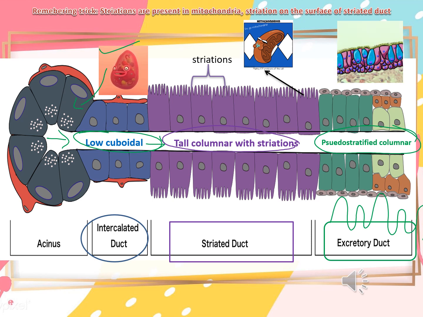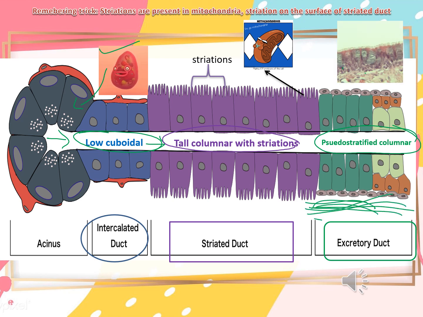The connective tissue present on the outer surface of this excretory duct has some elastic fibers in it, which help the excretory duct to stretch in order to collect the saliva and pull it out into the oral cavity. Apart from these cells, some other kinds of cells are also seen in association with the excretory duct. Those are tuft cells, lymphocytes, antigen presenting cells, dendritic cells, and so on.